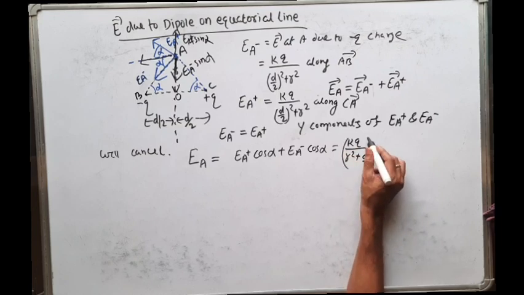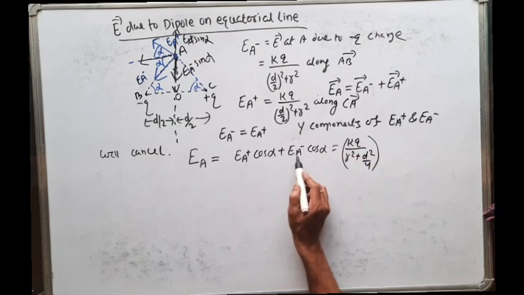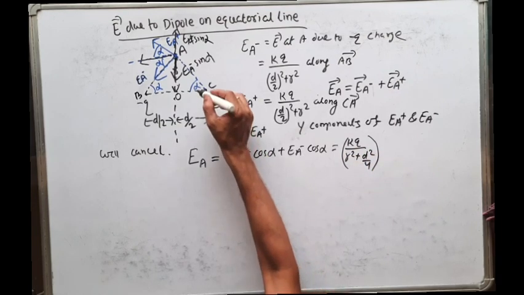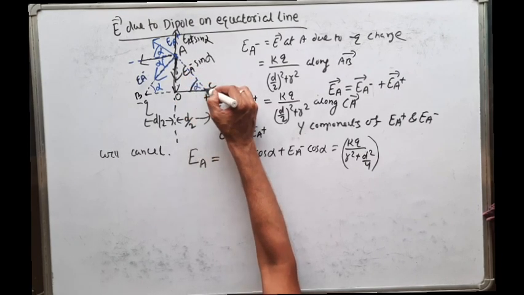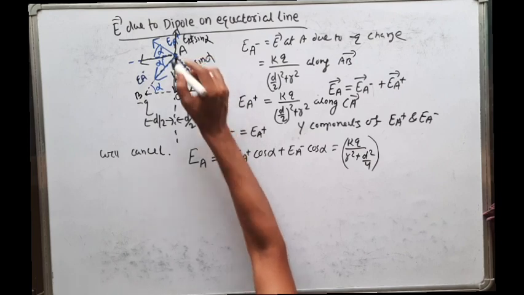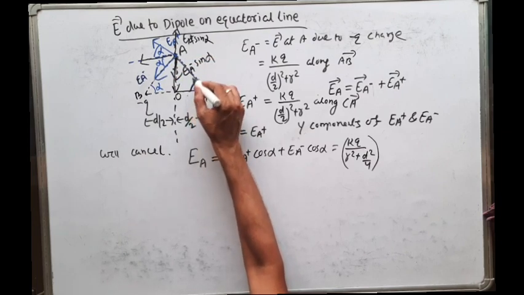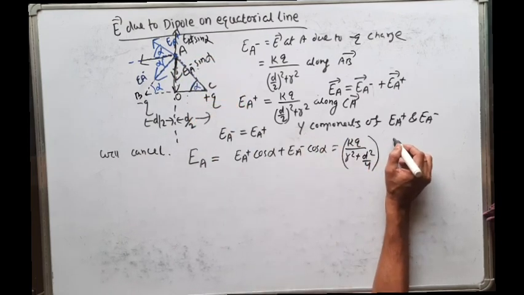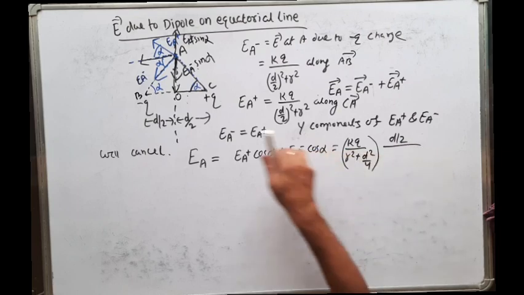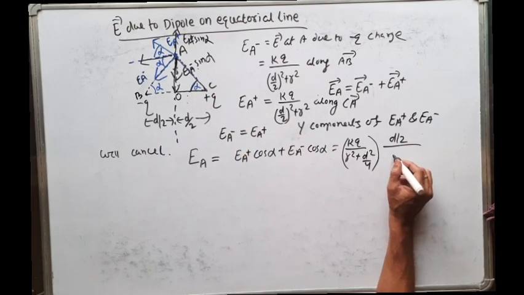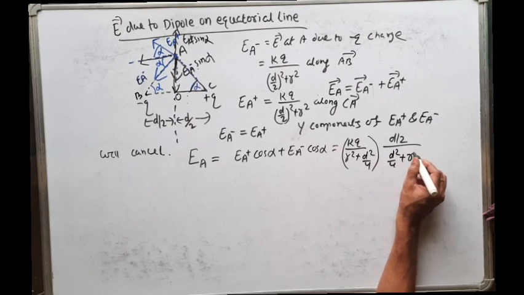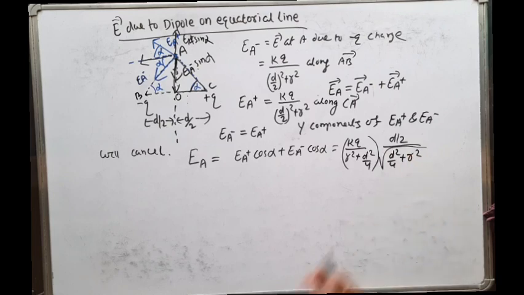So this is your EA plus or EA minus value. Then what is cos alpha? You see, this is alpha. This is your right angle triangle. Cos alpha is equal to base by hypotenuse. Base is D by 2. Hypotenuse is this distance. What is the distance? The distance is the square root of D square by 4 plus R square.